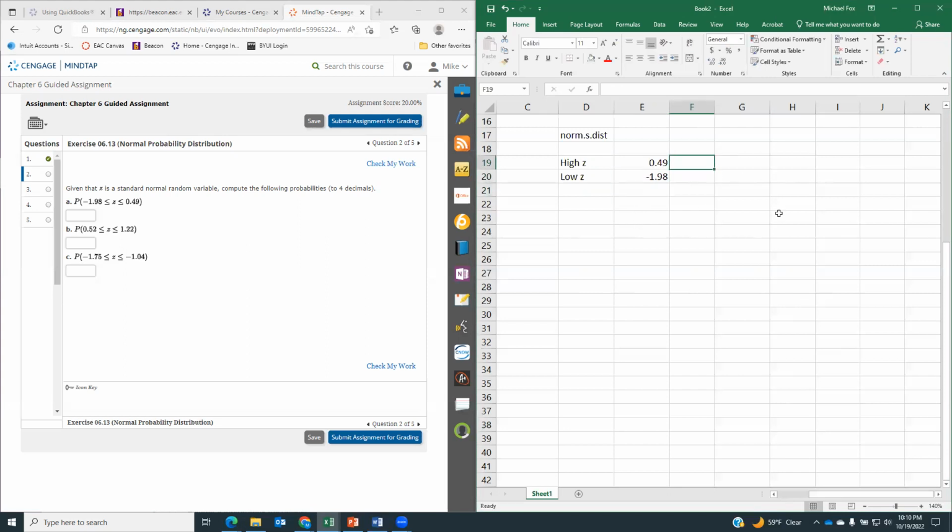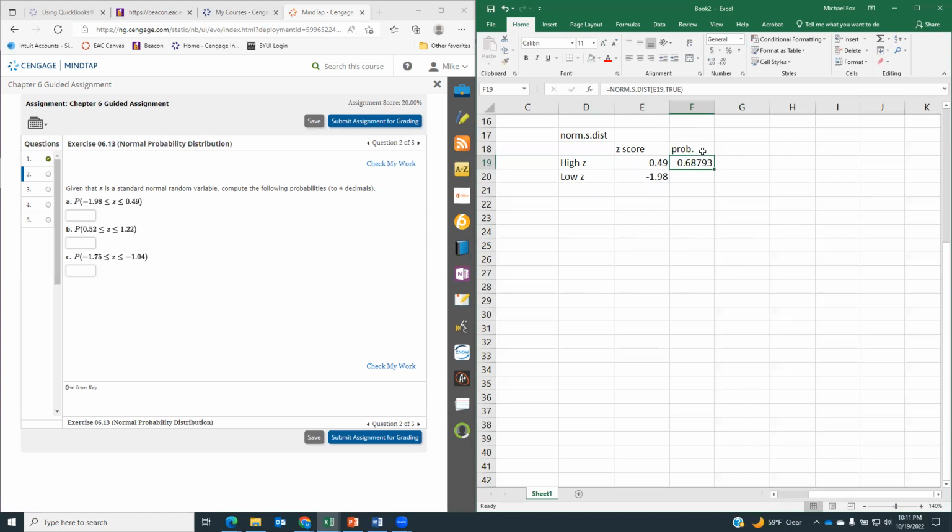Then I'm going to find the probability of getting that Z score. So to do that, I'm going to use equals norm.s.dist. And all I have to do is put in my Z score, comma, true. Whenever we put in true, we're saying, give me the probability of getting this Z score or lower, okay? So a Z score of 0.49 or lower has a probability of 0.6879.